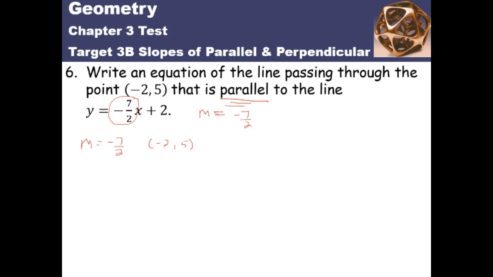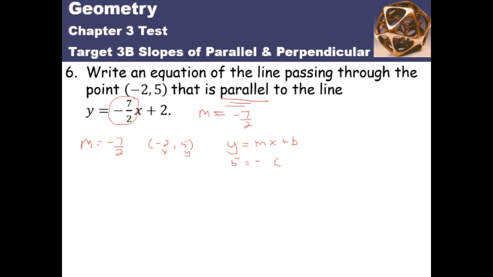And then our favorite equation of a line, which is y equals mx plus b. Remember, this is x and this is y. I'm going to replace y with 5 and m with -7/2.